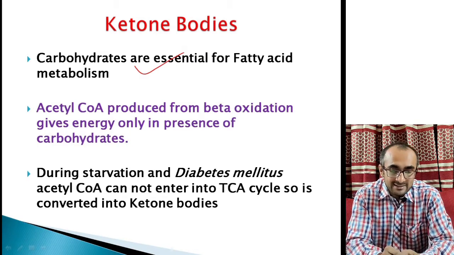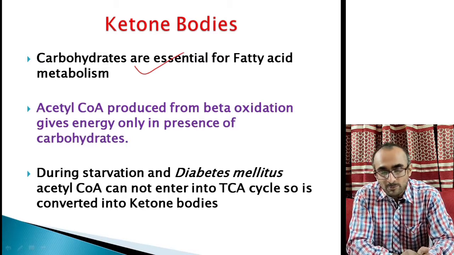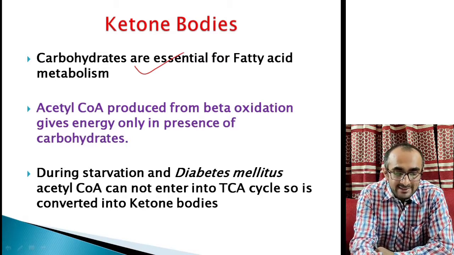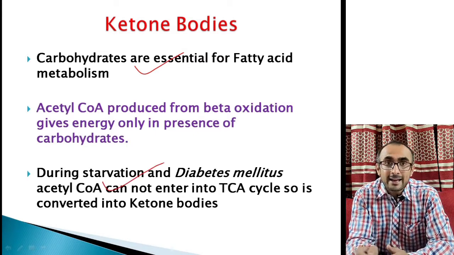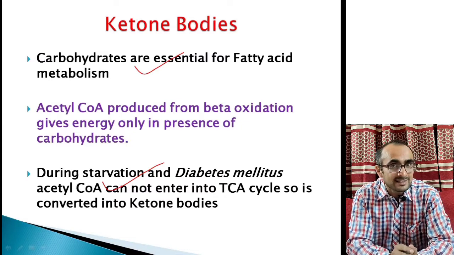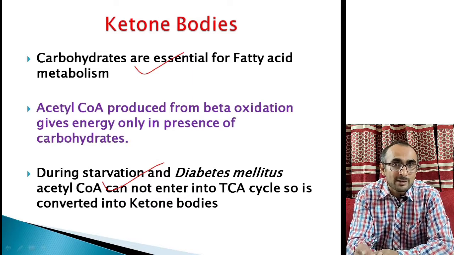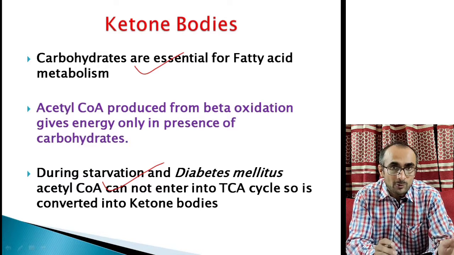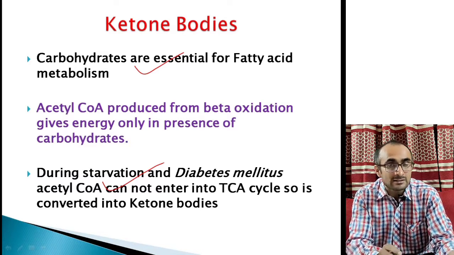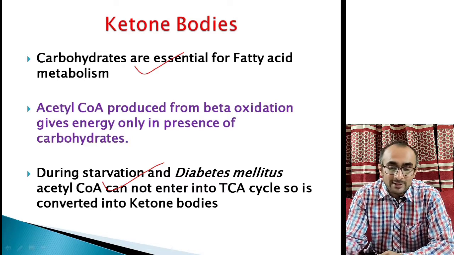But during starvation or in diabetes, where glucose is not present, acetyl-coenzyme A, which is a product of beta oxidation, cannot enter into the TCA cycle, so it cannot give energy. So in those abnormal physiological states where glucose is absent or in very low concentration, the high concentration of acetyl-coenzyme A is converted into ketone bodies.